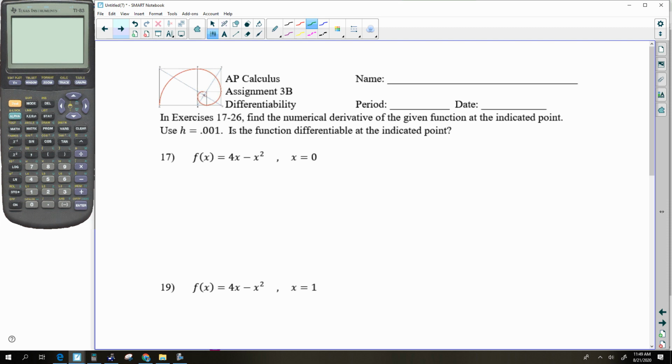Find the numerical derivative of the given function at the indicated point. Use h of 0.001. Is this function differentiable at the indicated point? I know what they're asking us to do.